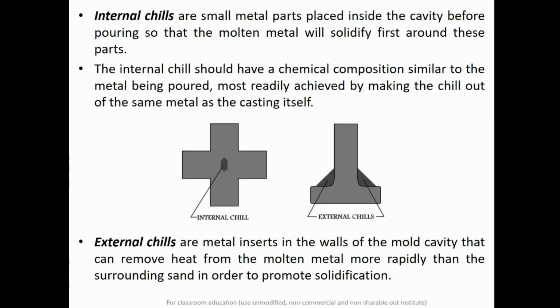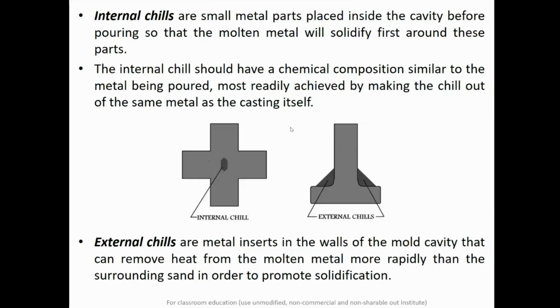These are of two types: internal chills and external chills. As you can see from this diagram, this is the mold cavity, and then you have placed an internal chill. So what is an internal chill? Internal chills are small metal parts which are placed inside the cavity before the pouring of the liquid metal, so that the molten metal will solidify first around these parts, and the solidification initiates from the center of this portion.